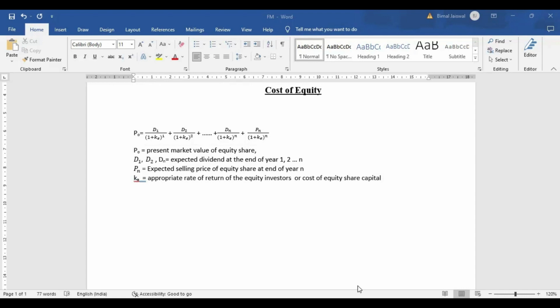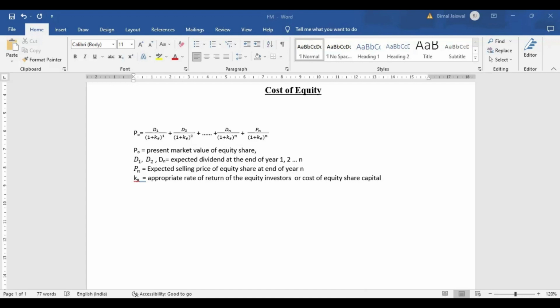Sometimes the equity gets normal growth, sometimes zero growth, and sometimes supernormal growth. And moreover, we have the models also, like the price earning model, the PE model as we say, and the capital asset pricing model, CAPM.